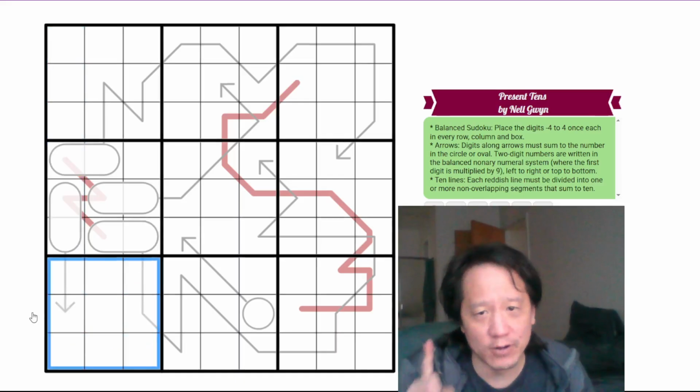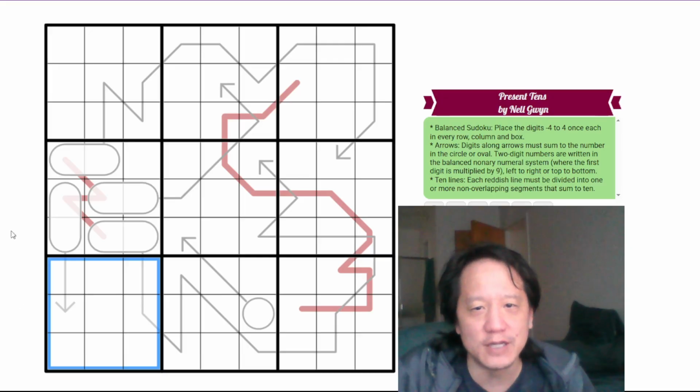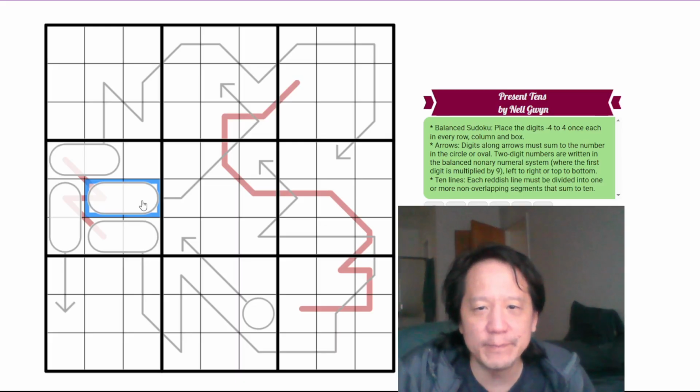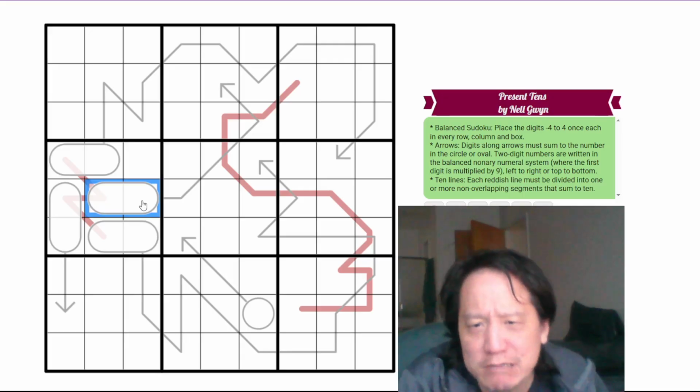We have arrows, where digits along arrows must sum to the number in the circle or ovals. And two-digit numbers are written in the balanced nonary numeral system, where the first digit is multiplied by 9.